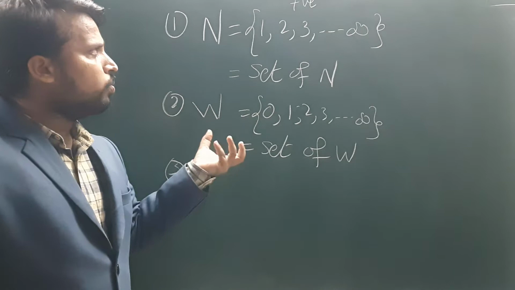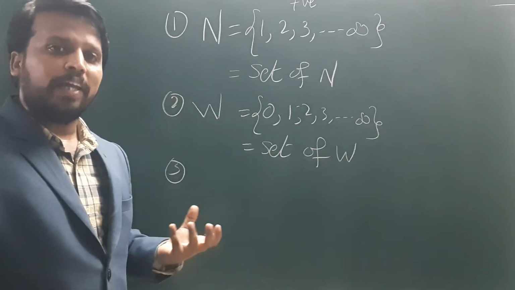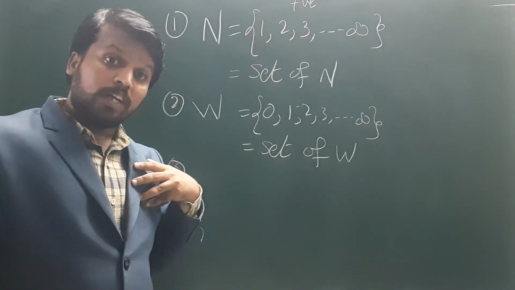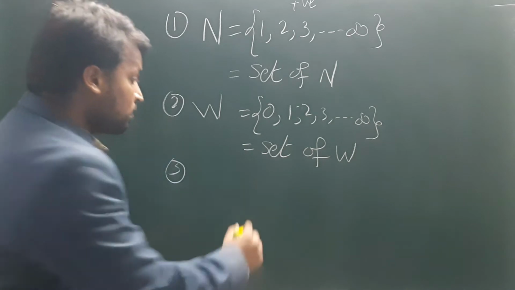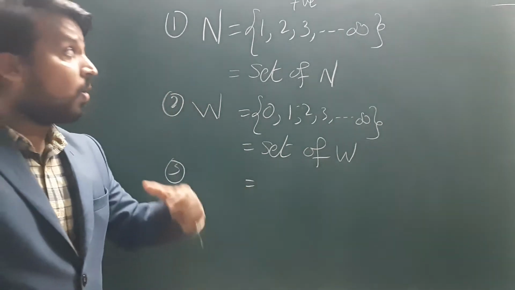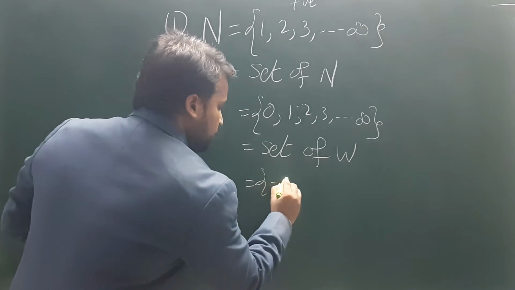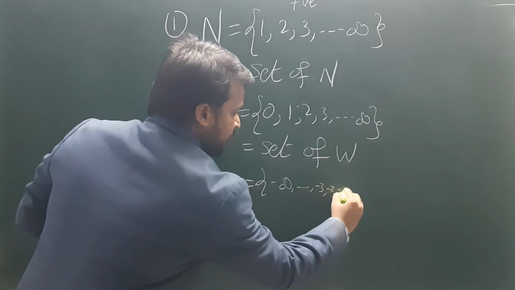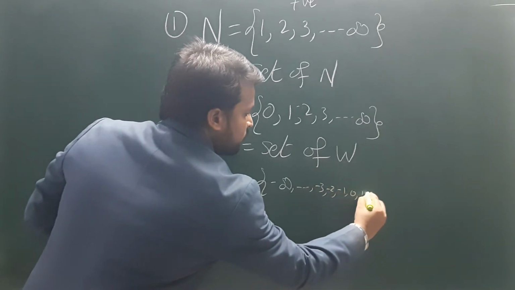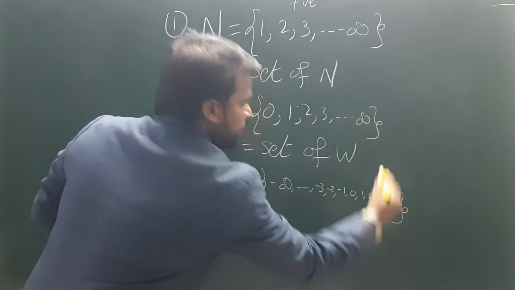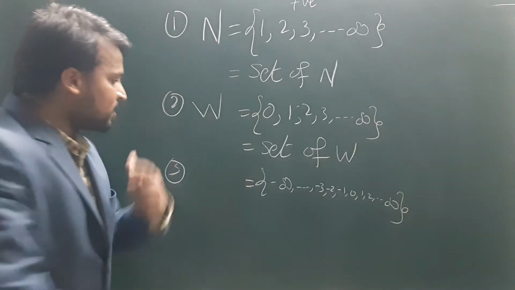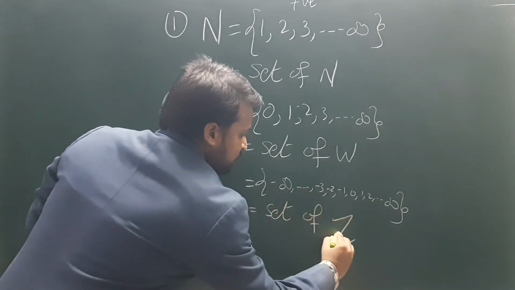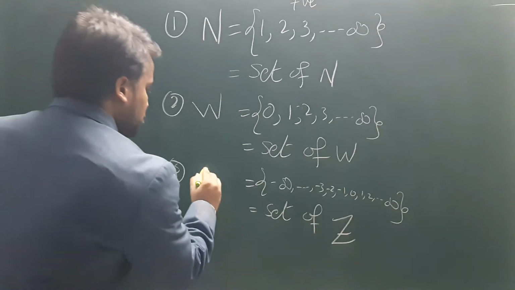Now, if we collect all positive numbers, as well as the negative numbers we already know, the collection of all negative numbers, that means from minus infinity, minus 3, minus 2, minus 1, 0, 1, 2 and so on up to infinity, all this set we call Z, that means integer numbers.